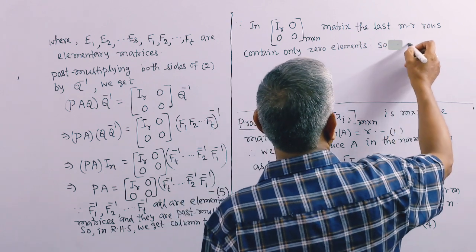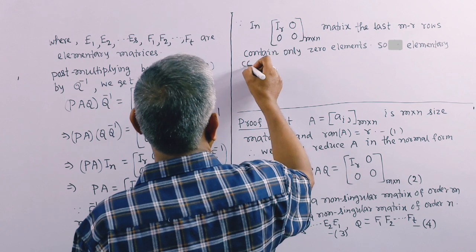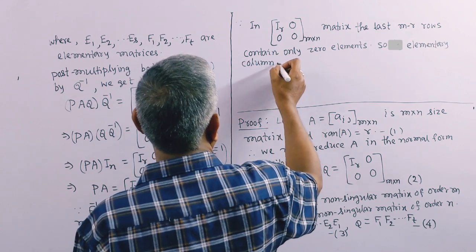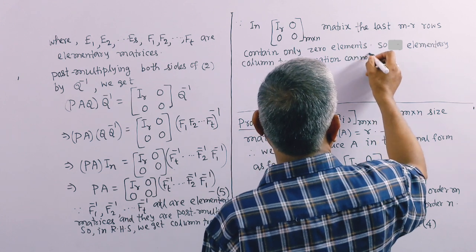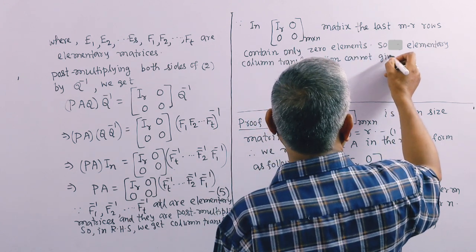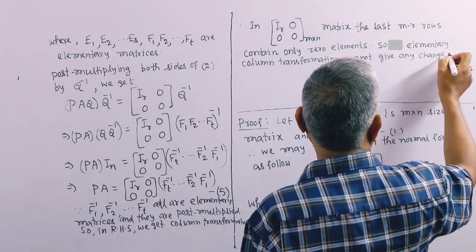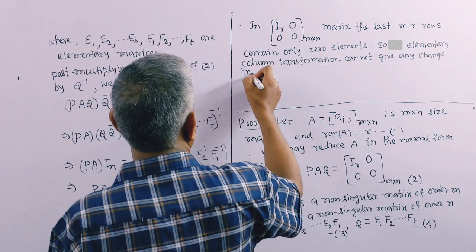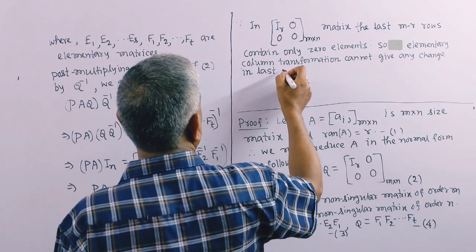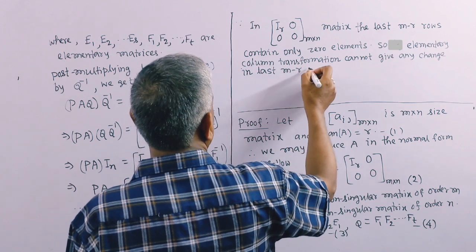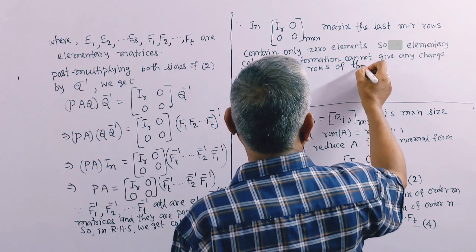So elementary column transformation cannot give any change in the last m minus r rows of this matrix.